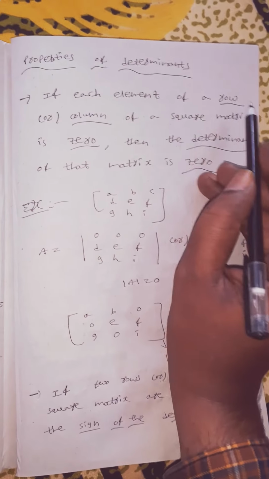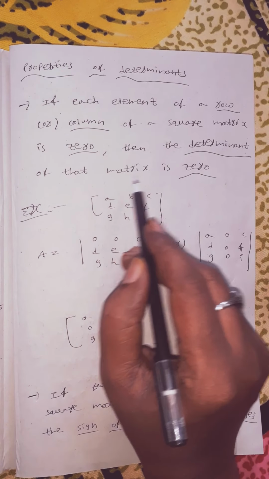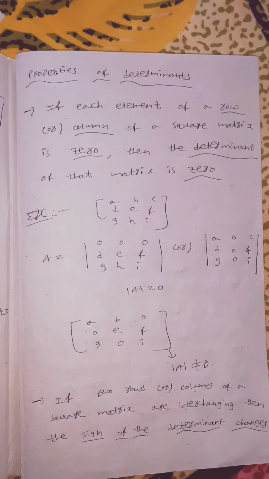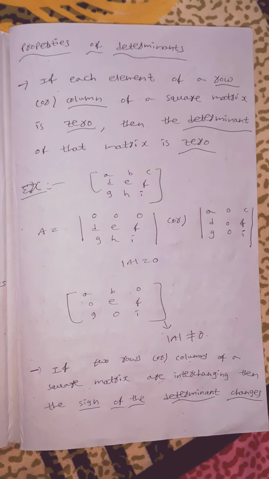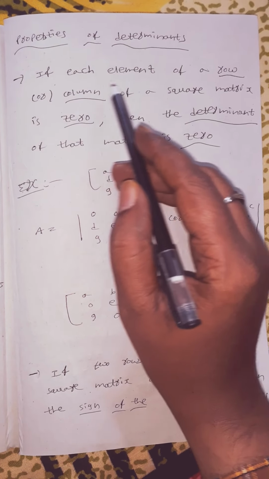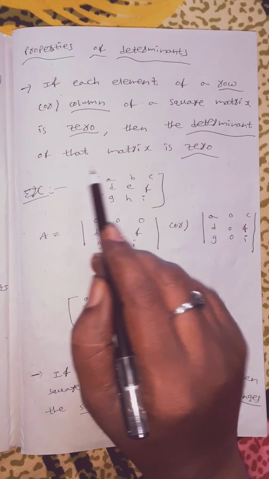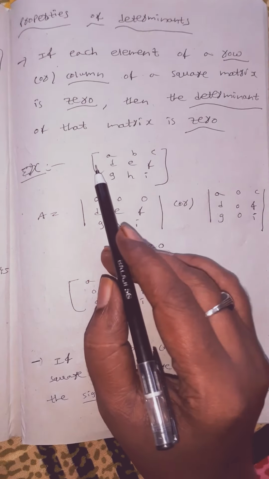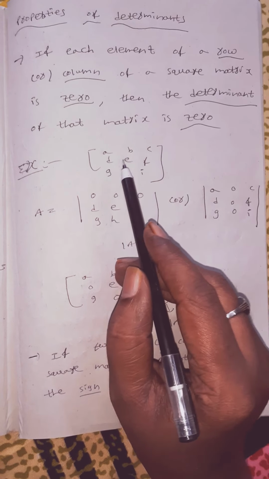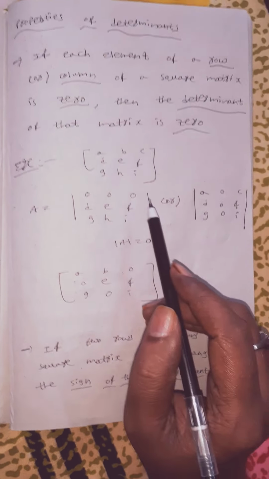Next, properties of determinants. If each element of a row or column of a square matrix is 0, then the determinant of that matrix is 0. These properties are very important for your exams as well as IIT, JEE, any competitive field. Generally take a b c, d e f, g h i in a determinant.